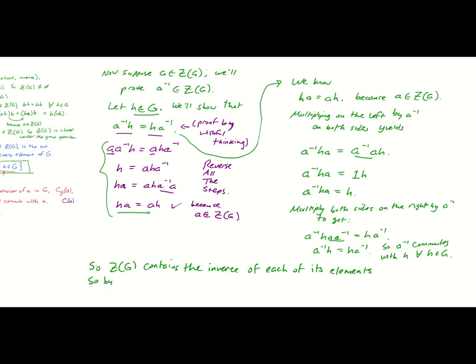So by the two-step subgroup test, Z of G, the center of G, is indeed a subgroup of G. Yay. So that's the proof. And you'll see that the proof that the centralizer of an element is a subgroup uses a lot of the same reasoning.